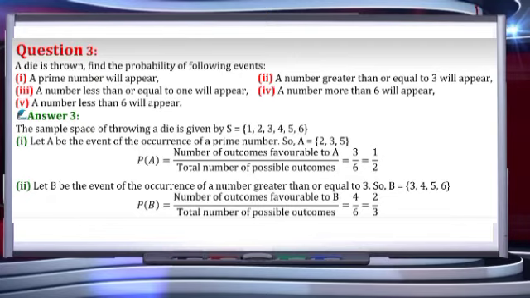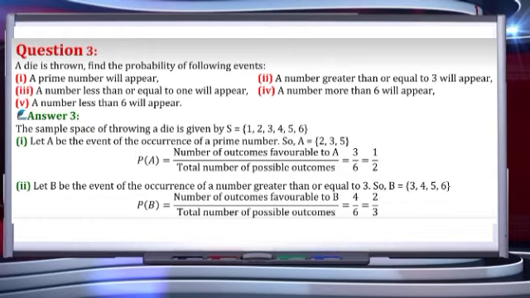Students, for the very first case, a prime number, we know that the prime numbers on the dice are 2, 3 and 5. That means the favorable outcomes are 3 and total are 6. So our probability for getting a prime number becomes half. Similarly, for the second case, a number greater than or equal to 3 will appear.